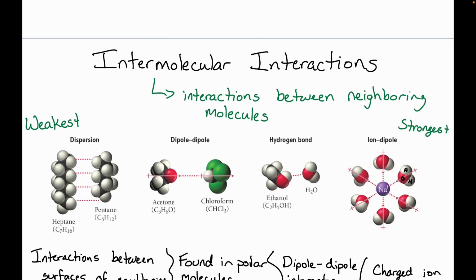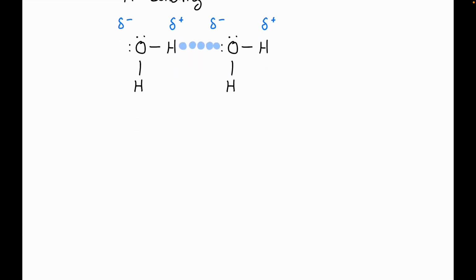Again, all of them have dispersion forces, but what's the strongest? Is there anything stronger than that? Is there a dipole-dipole interaction, or is there hydrogen bonding? So I'm going to put down a few molecules, and you're going to tell me what the strongest type of intermolecular force is in those molecules.